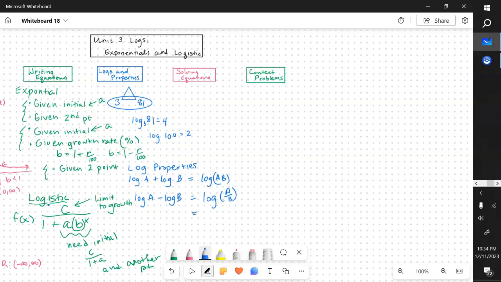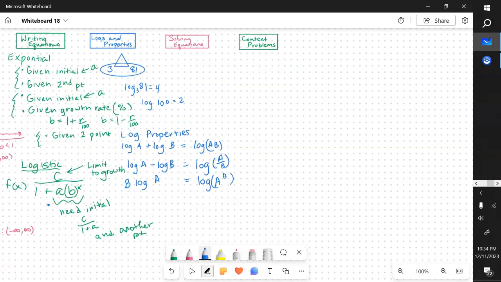And then the other log property is, if you have a to the b power and you're taking the log of all of that, you can bring the exponent down in front. And that's actually a really useful skill. That's how we solve equations with exponentials. We use logs to bring them down in front. And then the other log property is the change of base.